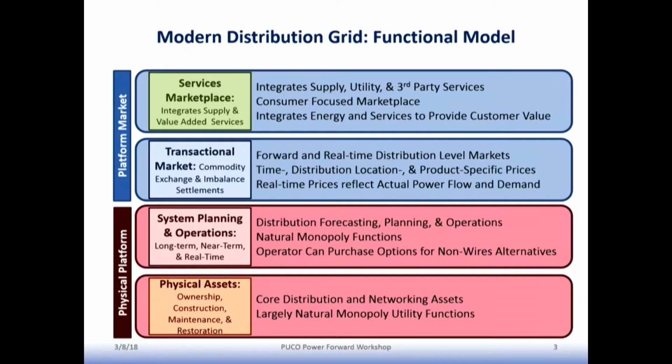So here, I think what you're saying is, if we look at this chart, we're talking about the distribution system operator as being the system planning and operations layer, the second layer out of the four going up. Then we can have this discussion about what's the best model for that, and whether that ought to be independent, as Paul suggested, or it can be utility.